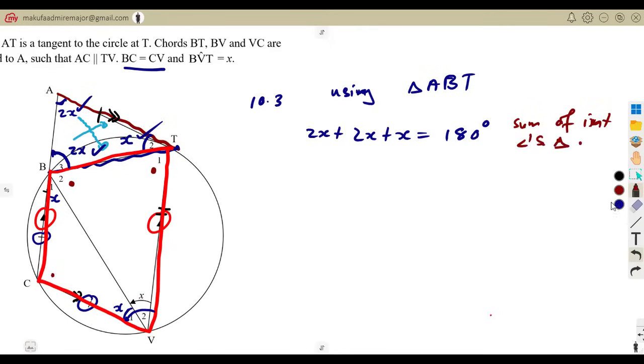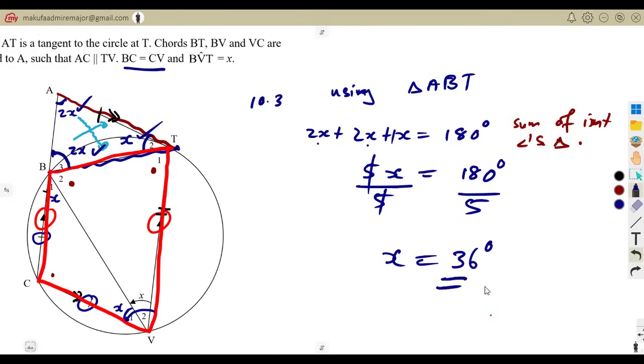Adding 2 plus 2 plus 1 gives us 5x, which is equal to 180 degrees. So simply divide by 5 on both sides. That gives us the exact value of x: 180 divided by 5, which is 36 degrees.